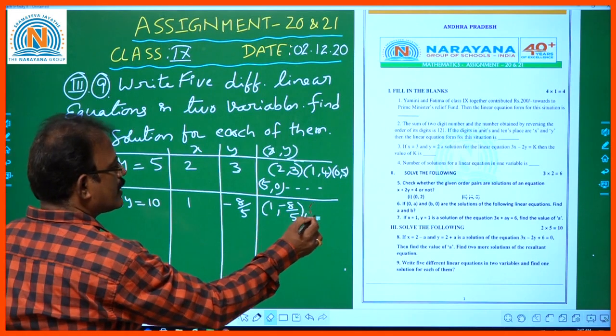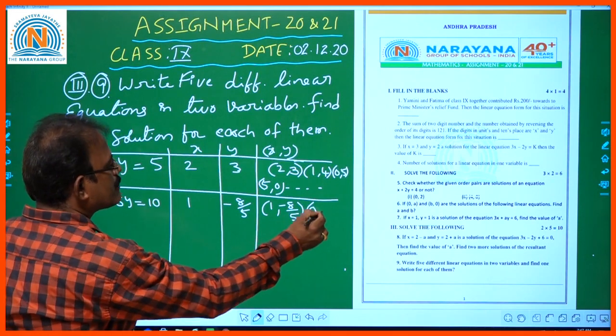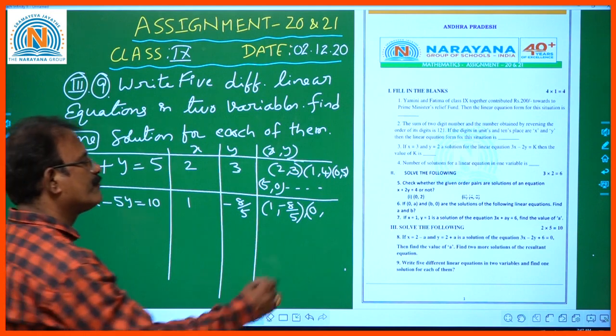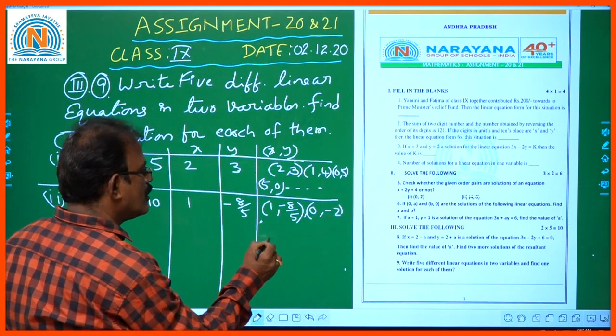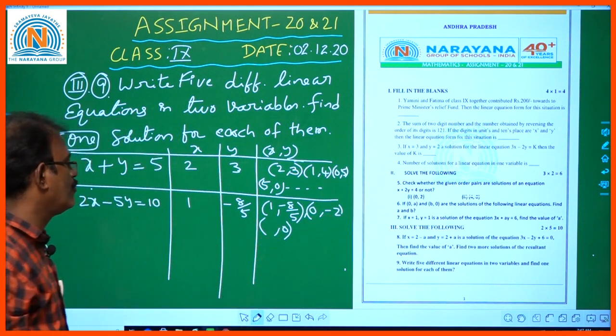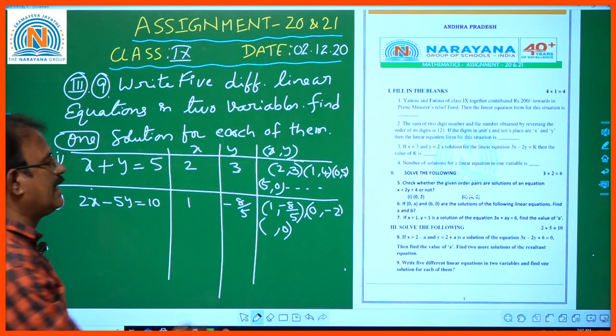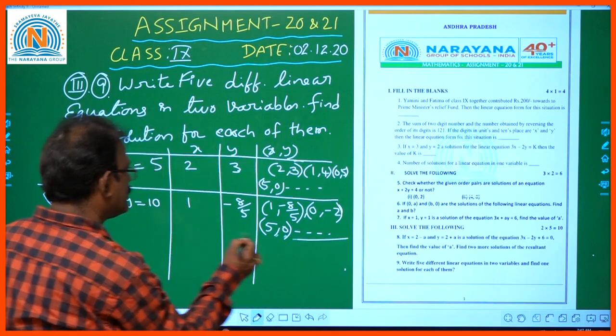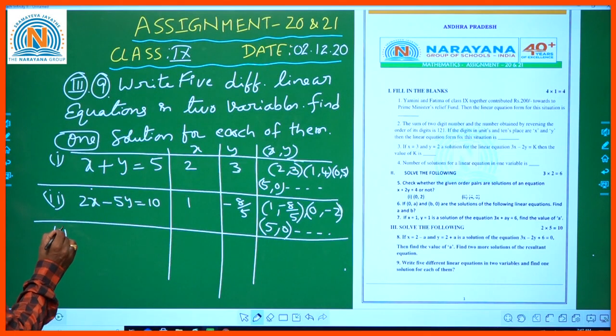Otherwise, if you want to take x equal to 0, then y is equal to 10 by minus 5, minus 2. If y is 0, then 2x is equal to 10, x is equal to 5. Like that you can.